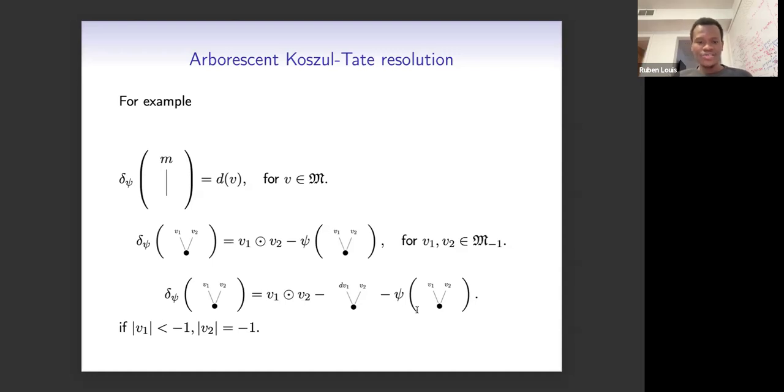So yes, this is a very explicit formula for this psi, but this delta psi doesn't satisfy, I mean, it doesn't square to 0 in general. This is just the ingredient to construct this arborescent quadratic resolution.